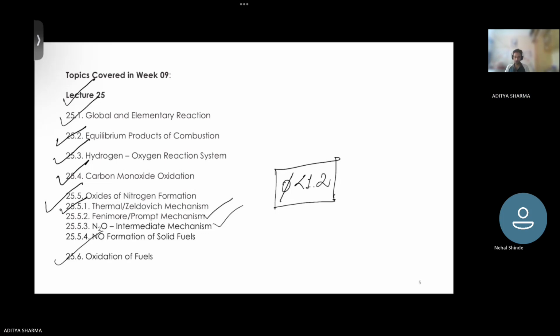Okay. Then is your intermediate mechanism. For the intermediate mechanism, the phi is less than 0.8. So this is a lean mixture. So these three mechanisms have been discussed under the oxides of nitrogen formation.